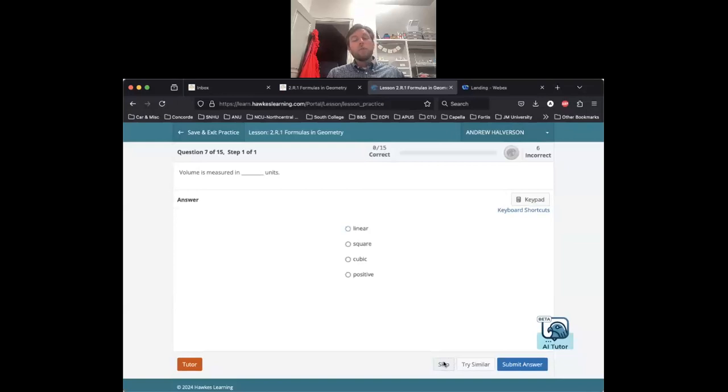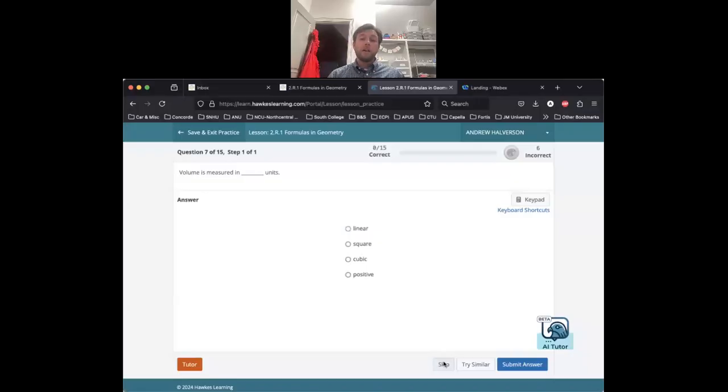Volume, okay. So when we think about perimeter, area, and volume, what are you doing? Perimeter is distance around. It's a one-dimensional measurement, just straightforward length, if you will.